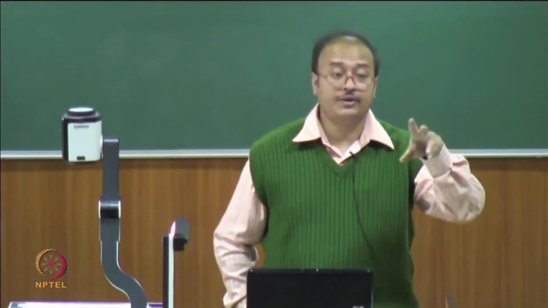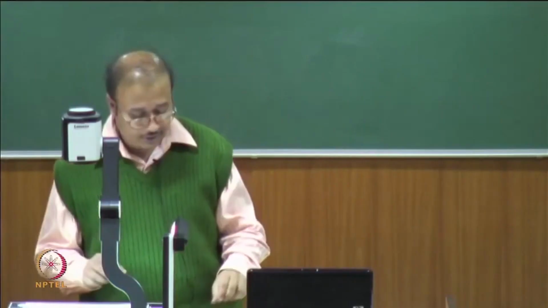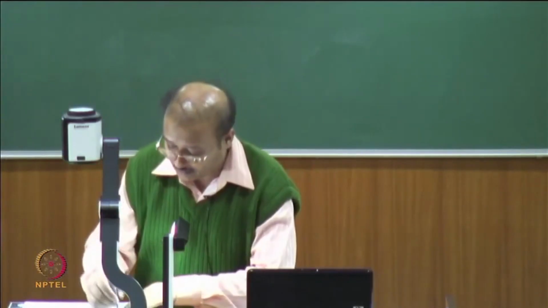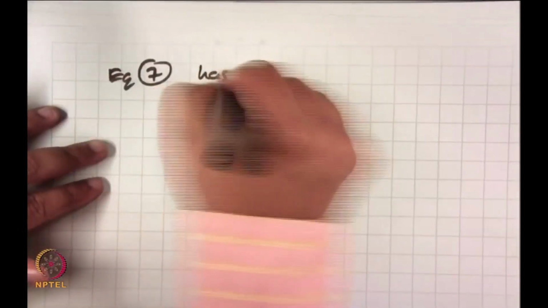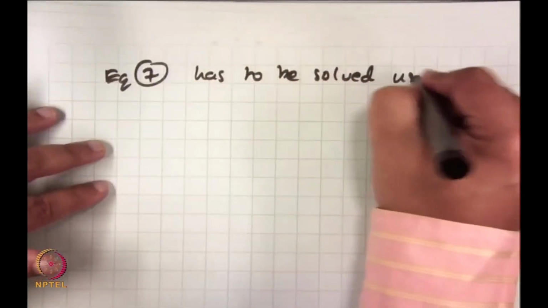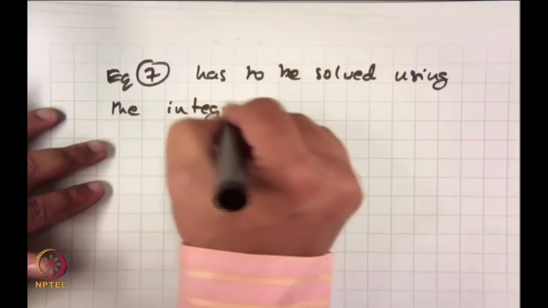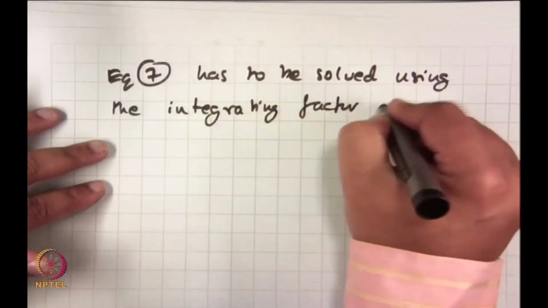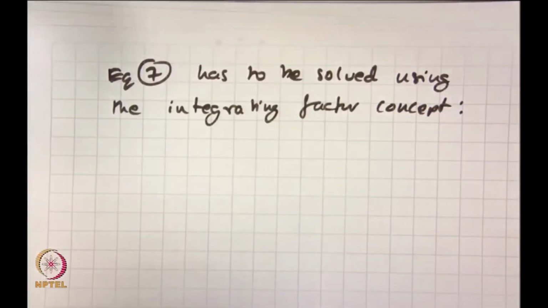Look at the second one which talks about the integrating factor, right. So, equation 7 has to be solved using the integrating factor concept. It is a linear differential equation, first order, okay.